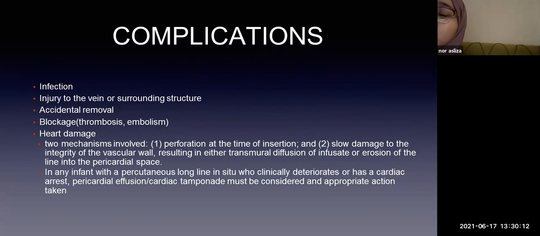First, perforation at the time of the insertion, and second, slow damage to the integrity of the vascular wall, resulting in either transmural infusion or erosion of the line into the pericardial space. In any infant with a percutaneous long line in situ who suddenly clinically deteriorates or has a cardiac arrest, pericardial effusion or cardiac tamponade must be considered and appropriate action should be taken.